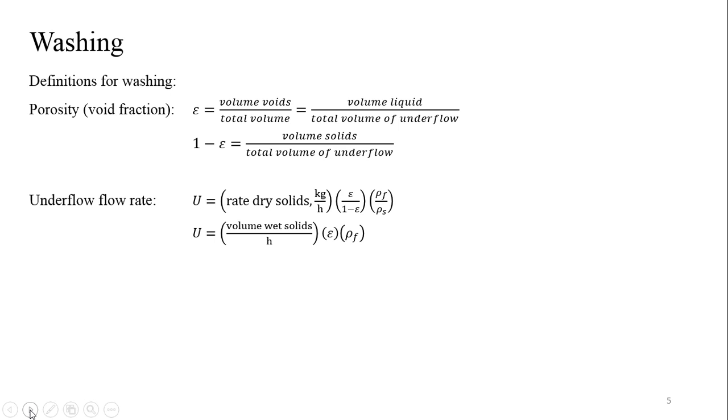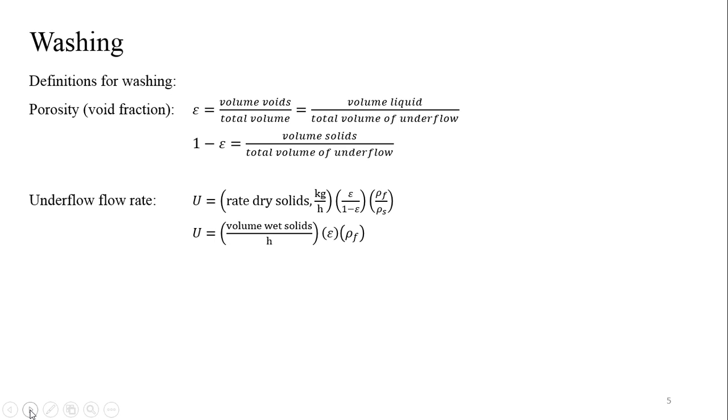When we talk about washing, sometimes what we're trying to, let's say, remove might be contained within pores within the solids, and we have to consider porosity of the solids. And so we're going to define porosity, which really means the void fraction. We'll define it as epsilon.